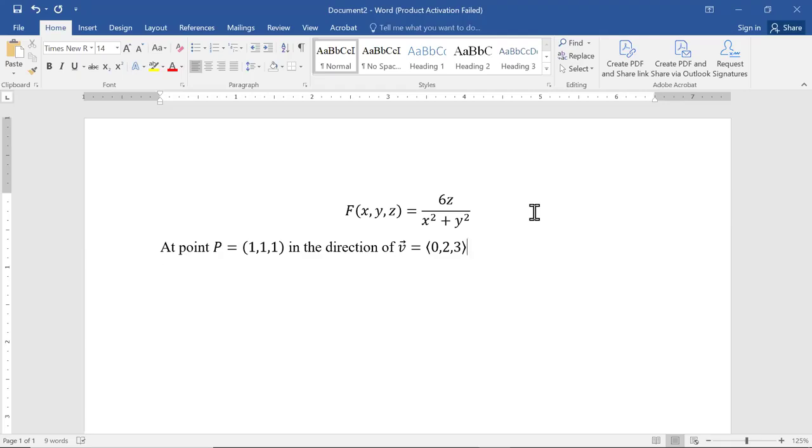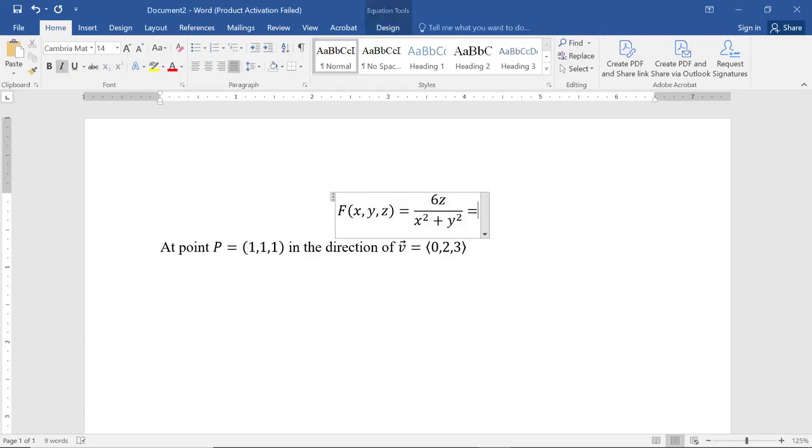Actually, let's do the derivatives of my function f, because that's going to take a little bit longer. If I'm taking derivatives of f, with respect to x and y, I'm going to rewrite this as 6z times x squared plus y squared to the negative 1.